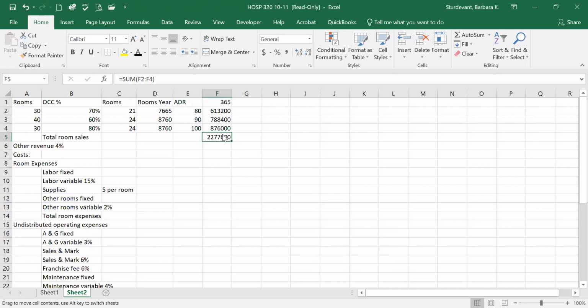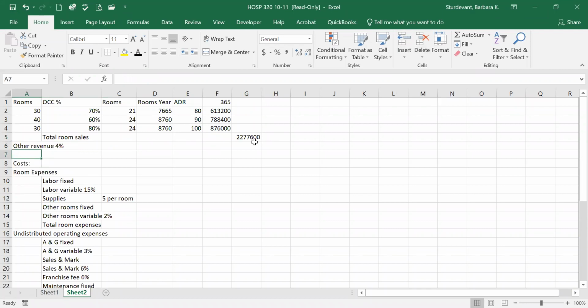Okay. We have to calculate our other revenue. And so our other revenue is going to be 4%, so this is going to be 96%. So what we're going to have to do is find the total revenue. And we're going to do that by doing algebra.